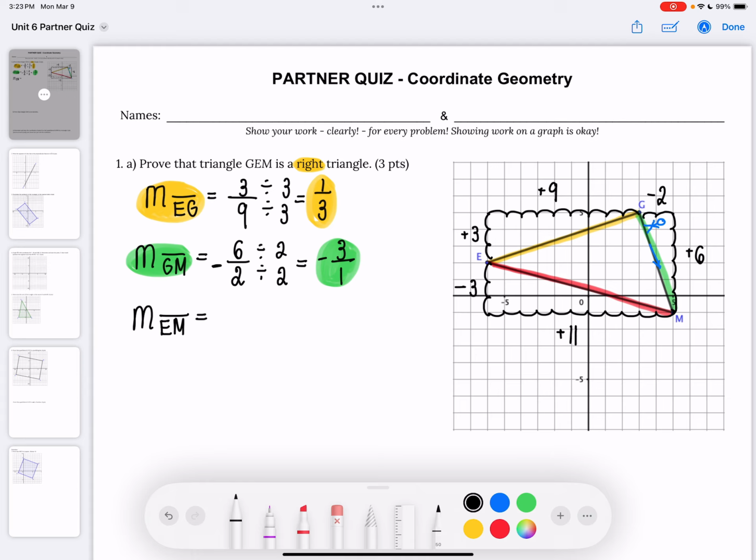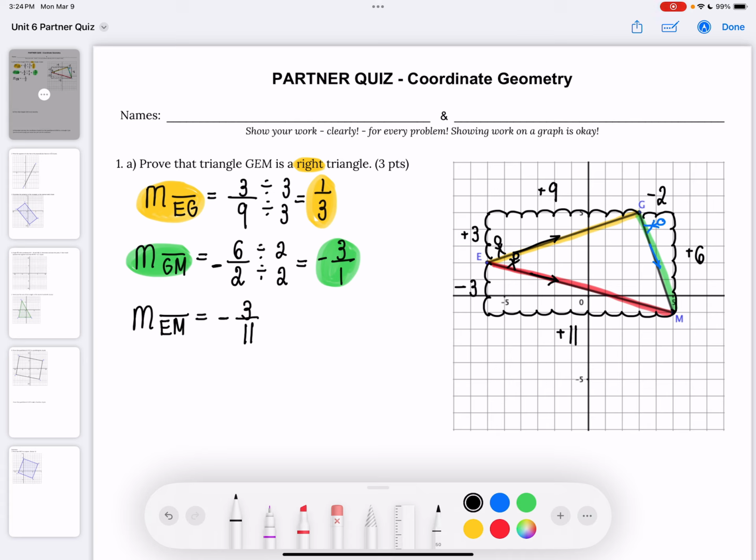And I know it's going to be negative 3 over 11 because if I put my person on the left-hand side, it's sliding down. I didn't draw my person earlier for line segment EG, but let's put the person on the left-hand side, and for line segment EG, the yellow line segment, our slope was positive because this person is climbing up.